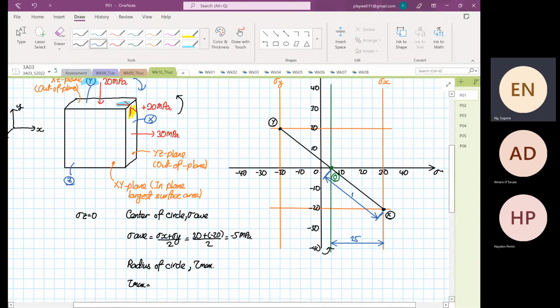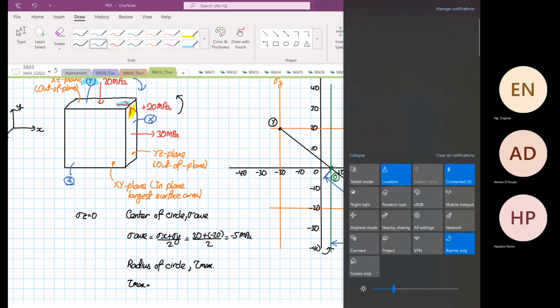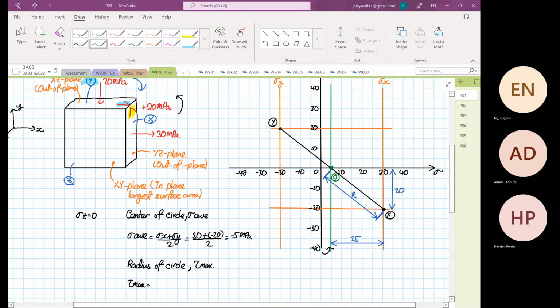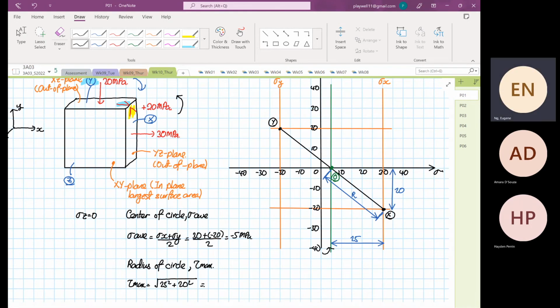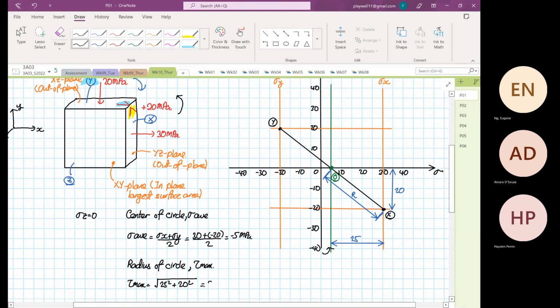This is the radius of your circle, and it also corresponds to tau max. From the center to the stress X line is 25, and the vertical value from here to here is 20. So very simple math: 25 squared plus 20 squared, and this will be equal to 32.016 megapascal.